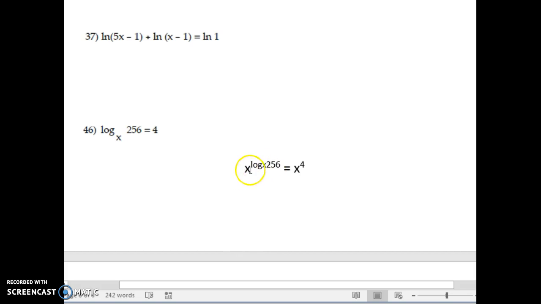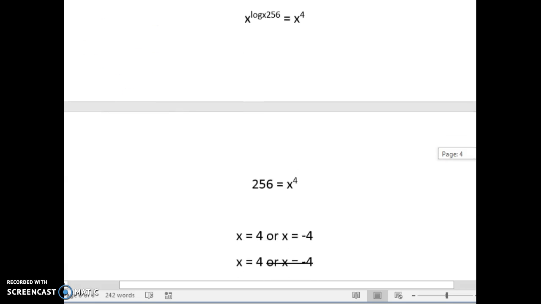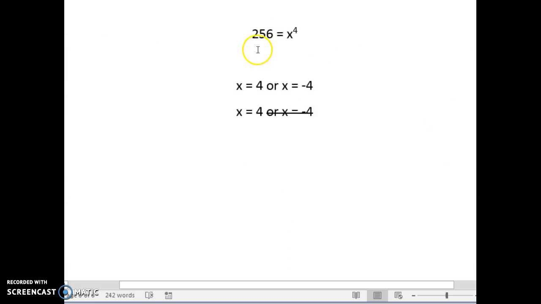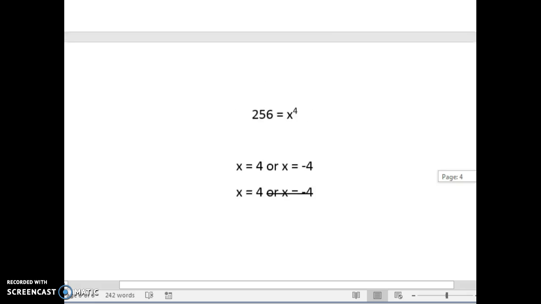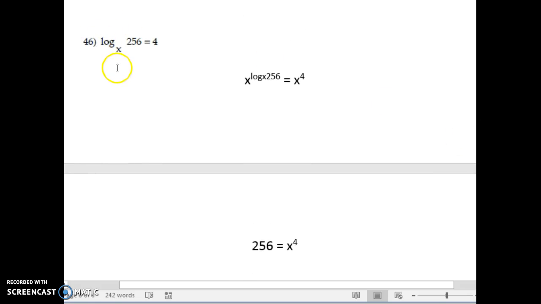And then x to the log x, that's going to cancel out and just leave you with 256 on the left. So you have 256 equals x to the 4th. Take the 4th root of 256, and again you get 2 answers. But it can't be negative 4, because if we go back to our original question, that would be log of negative 4. And you can't have a log with a negative value there.